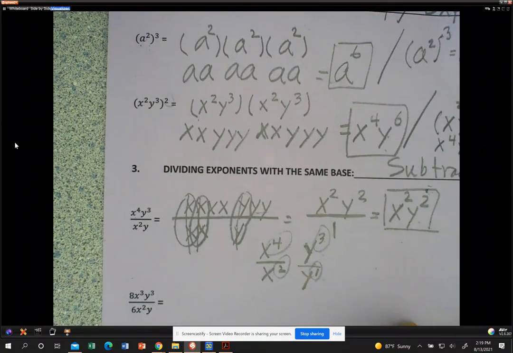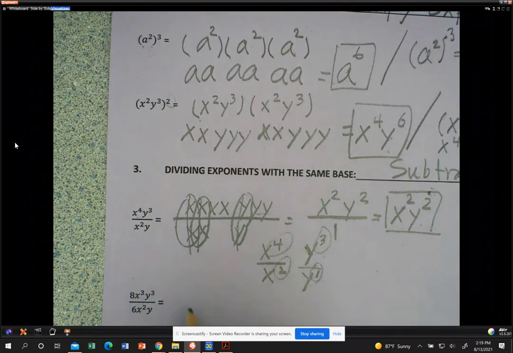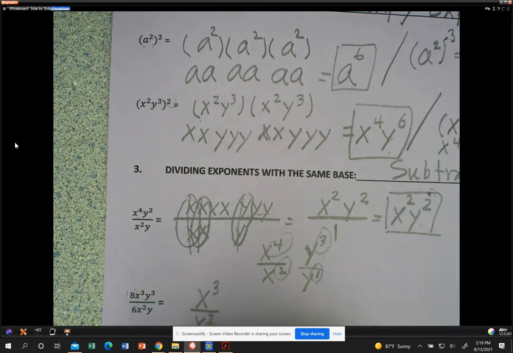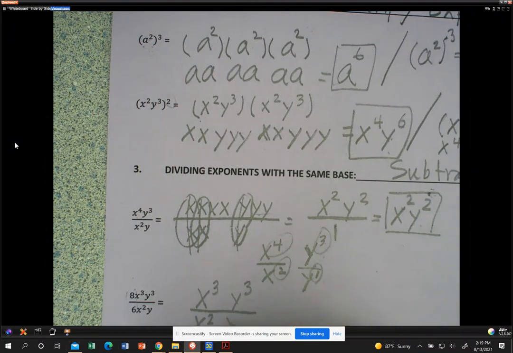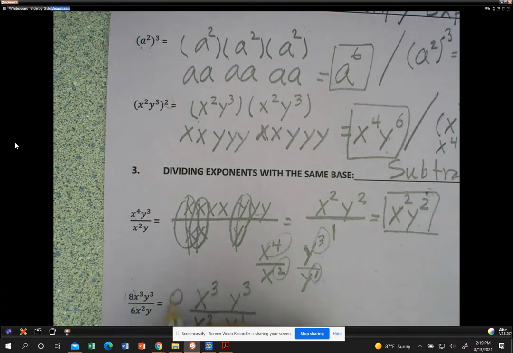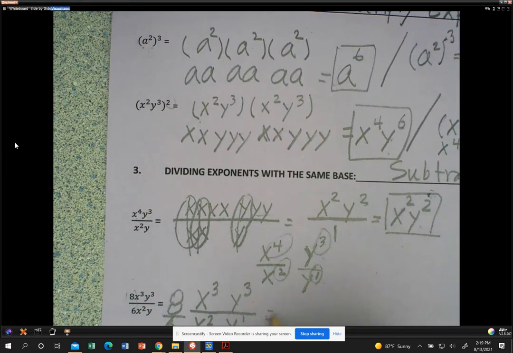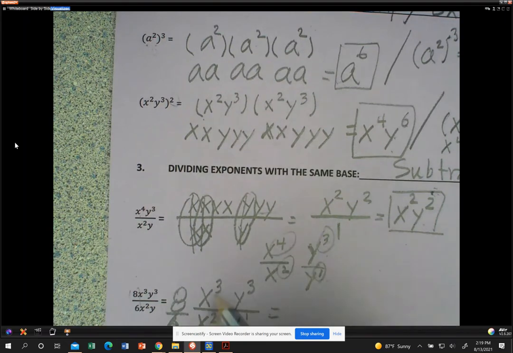Alright, let's see. I want you to ignore 8 and 6 for now. I want you to pay attention to x to the third, x to the second, and then y to the third, y to the first, and 8 over 6. I want you to ignore this for now. Okay, so what happens? Can we use a shortcut with this?